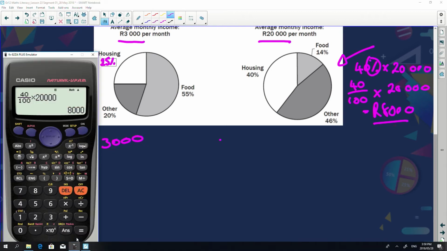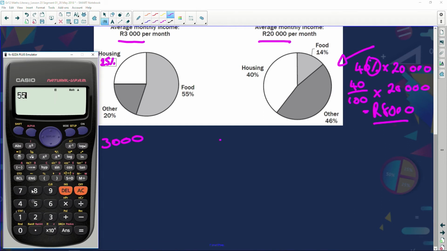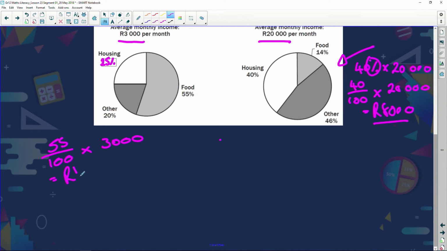So we're going to say, Mr. Calculator, we need your help. We want 55% of 3,000 Rands. And we get an answer of 1,650 Rand.